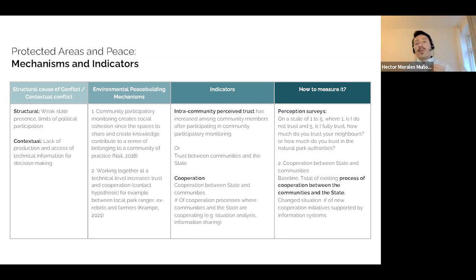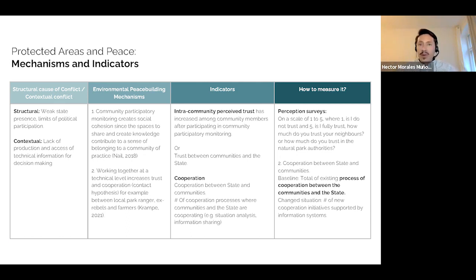So we also developed some indicators of perception. So intra-community perceived trust, whether this has increased, and we conducted a focus group for this. And also how the trust between, for example, the communities and the park rangers increased.